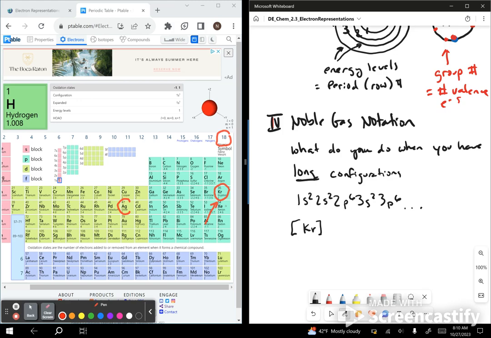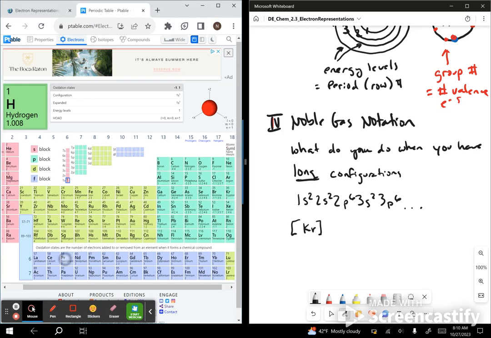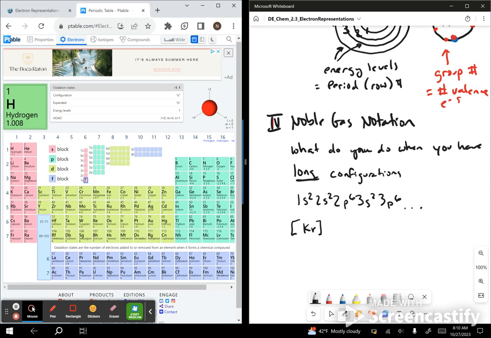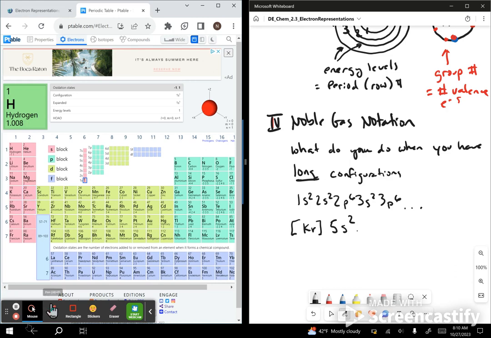So then I'm in energy level 5. So I could write down 5s2. That took care of that. What's the next level that's going to get filled out?